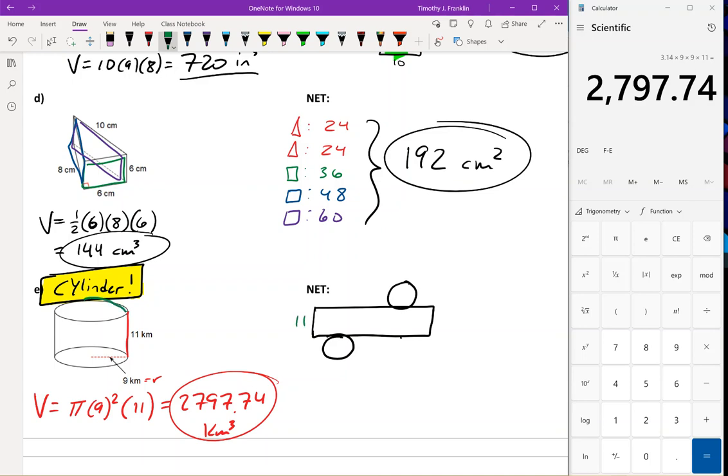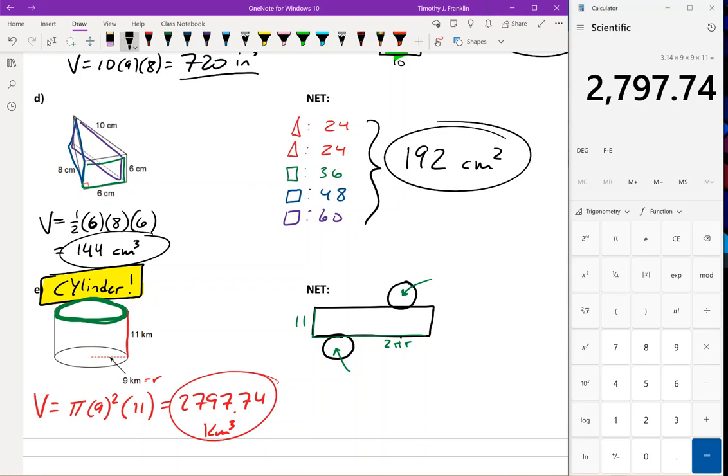But the other side, the length, is the circumference of the circle. So that's 2 pi r for the length of that rectangle. And so then we have the area of the circle, and then the area of the rectangle.